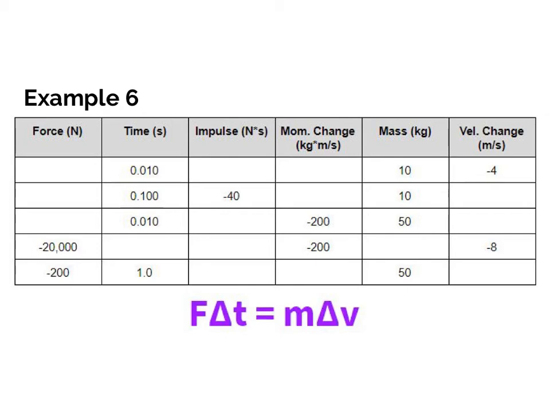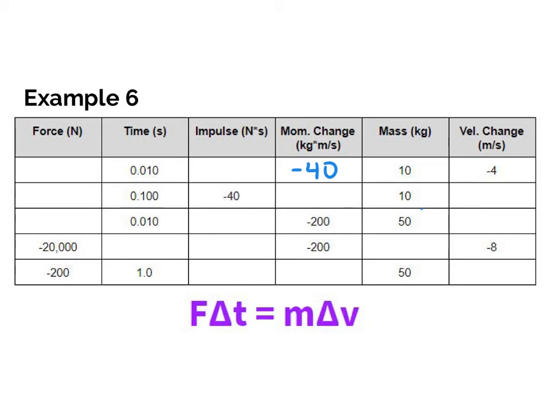Okay, so here you're just given some values, and we're going to use that relationship of the impulse and momentum change theorem to try and fill out the table. So for example, in this table, if I know that the mass is 10 and the velocity is negative 4, I automatically know that its momentum is going to be negative 40, and this will be its momentum change, okay? So its momentum change is obviously caused by an impulse.